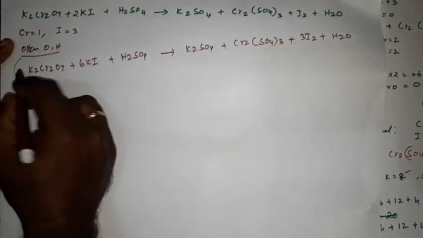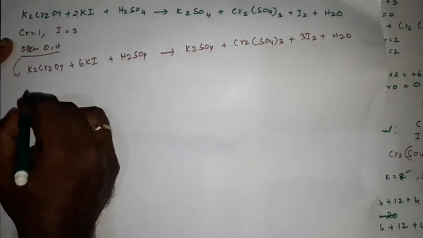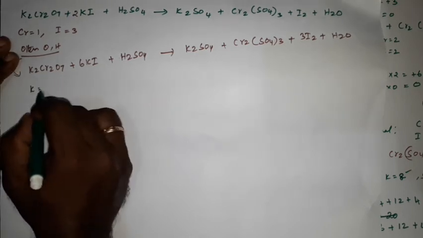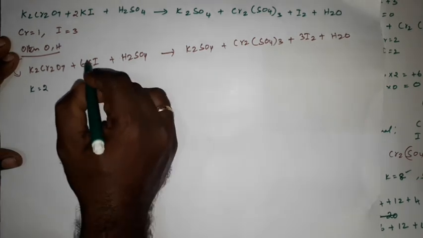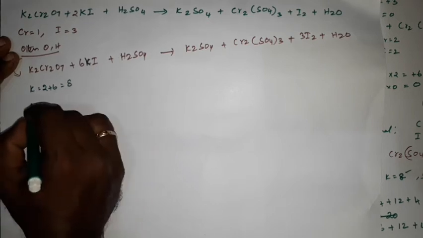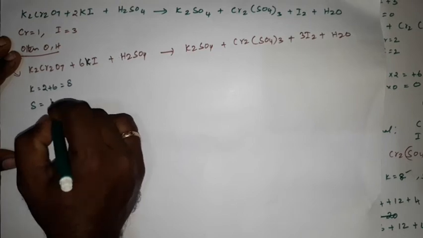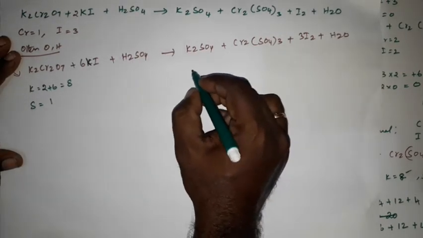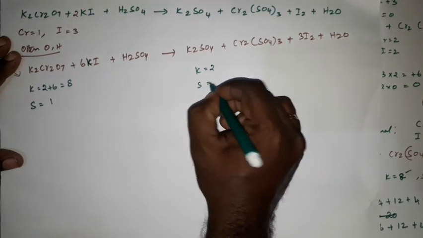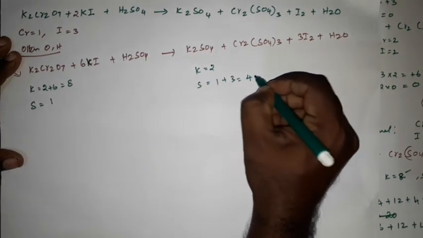Now you are going to balance other than oxygen and hydrogen. Other than oxygen and hydrogen, potassium is here. How many K is there? Here 2 potassium. Then here also 6 potassium. So total 8 potassium is here. Now sulfur, that is 1 sulfur this side, potassium this side 2 only, and sulfur, that is 1 plus 3, so total 4 sulfur.